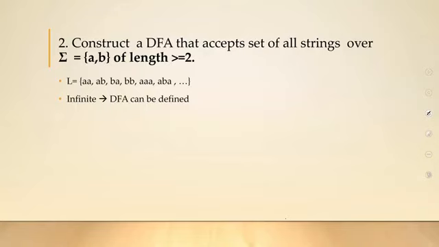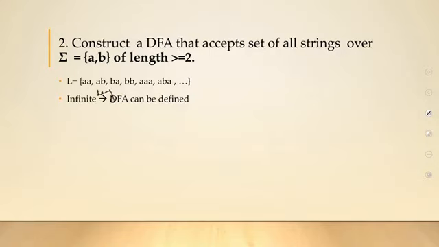So now let's try writing the language. Over {a, b}, length greater than or equal to 2 means you can have a, b, it goes on and on. Any length greater than 2, which means it is an infinite language.